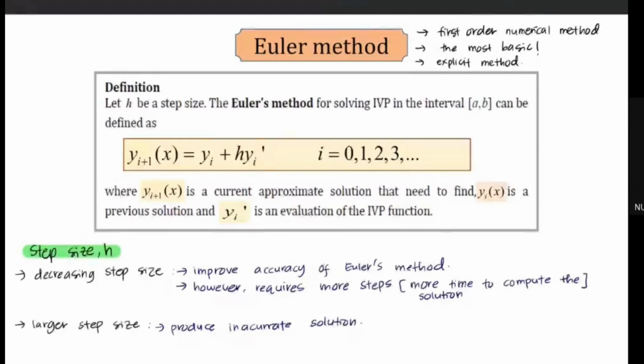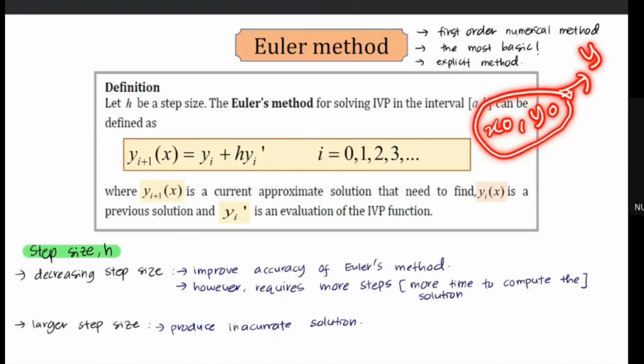So you will determine the next y by using this formula. Given x0, y0 from the initial condition, and then using this one, you will determine what is y1.